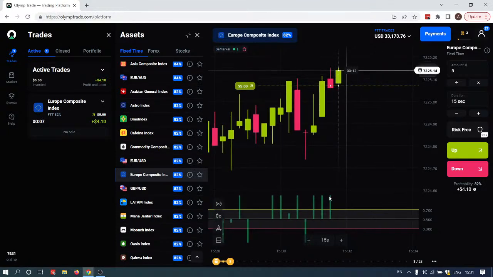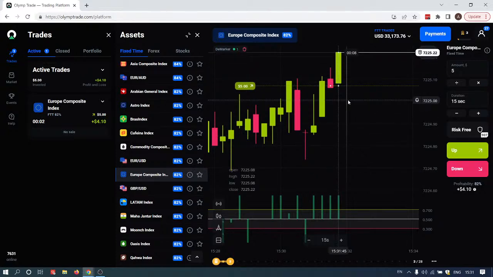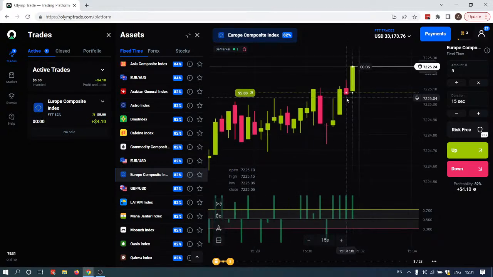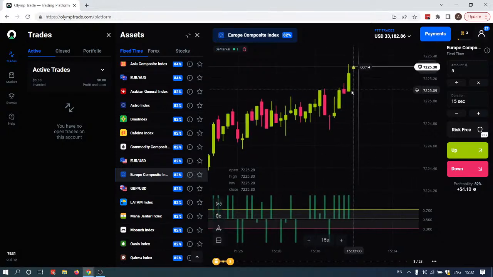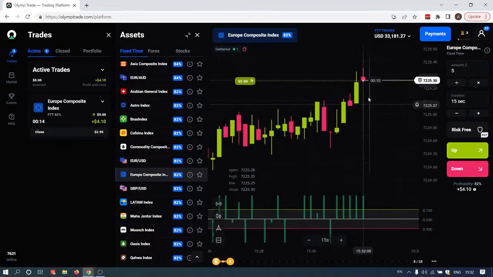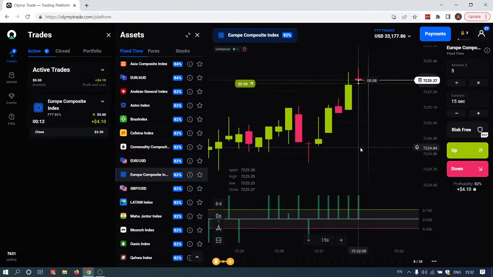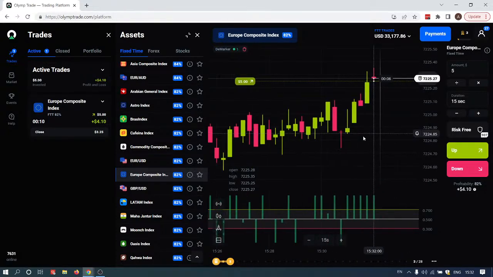So I would like to once again let you know that maybe the main downside of this strategy in particular is that it's based on these real quick trades, like 5-second, 15-second trades or 1-minute trades. So that's maybe my biggest turn-off for this strategy.